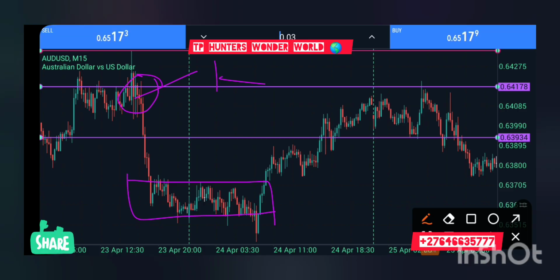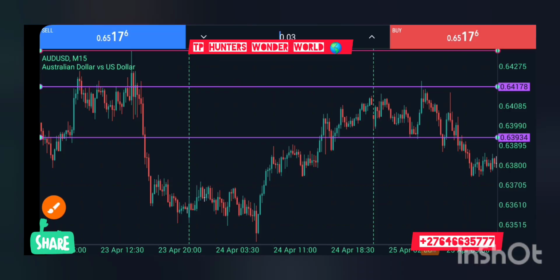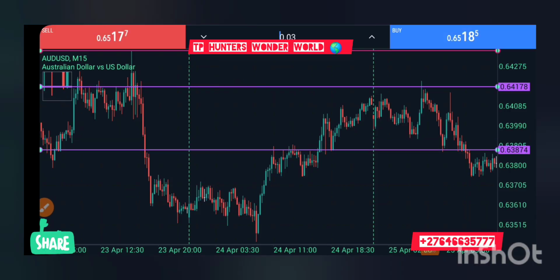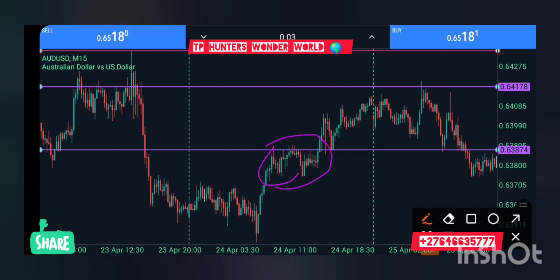Again, the price breaks the resistance to this level, giving you another chance to open sell positions. And you can't see the breakout here clearly, but if you go to 5 minute or 1 minute, you will see it.